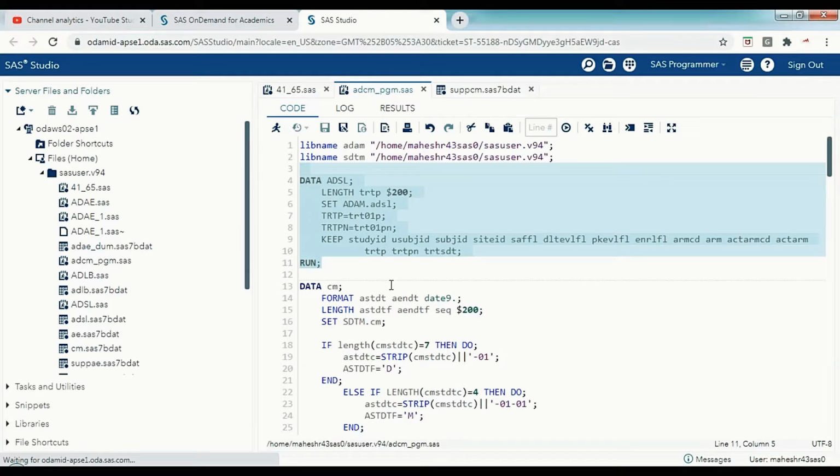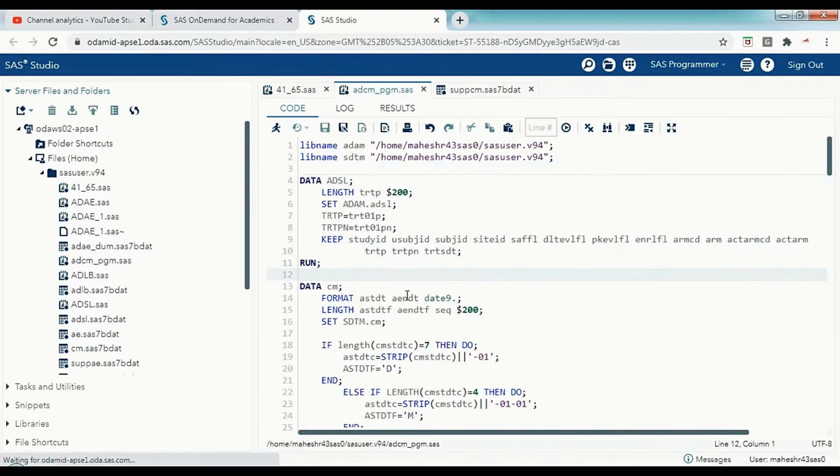Due to the space and storage of the server, and to reduce the burden on the server, the client suggested to keep only some variables from the ADSL. As per this suggestion, we are keeping the flags as well as some treatment related variables from the ADSL and merging them to our main ADCM CM dataset.